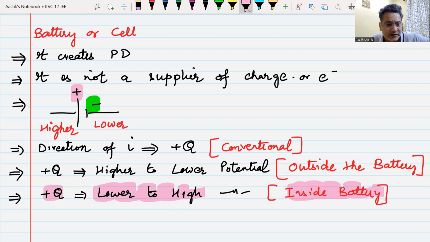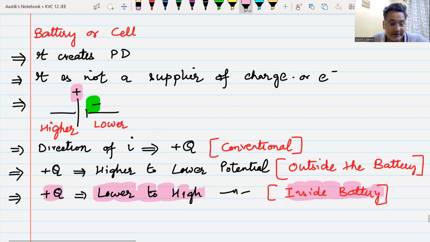And what is that work done referred to normally? I told you that word, yes or no? How do we understand that work done, that is known as EMF.